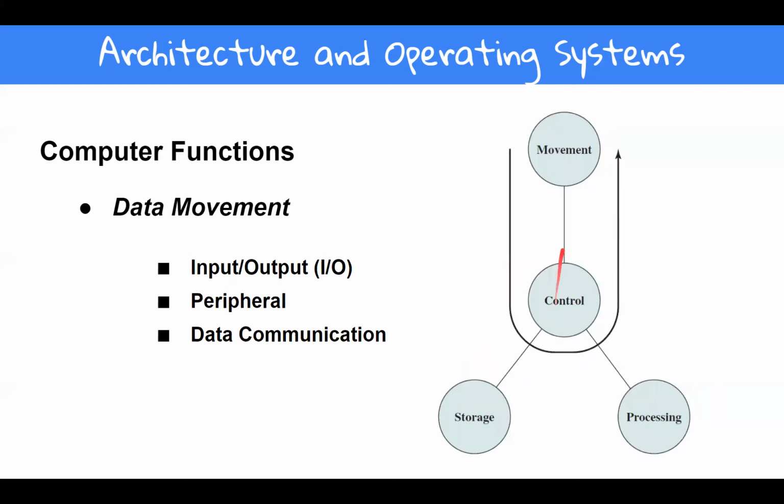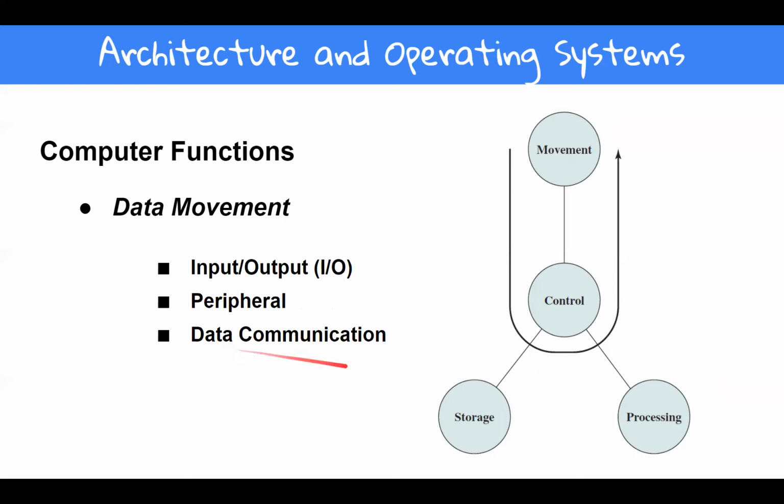Data movement. You want to send and receive the data. Input output devices. For example, scanner, keyboard, monitor, loads of other input output devices. Or we call them, generally speaking, peripheral components, the other external devices that we use.